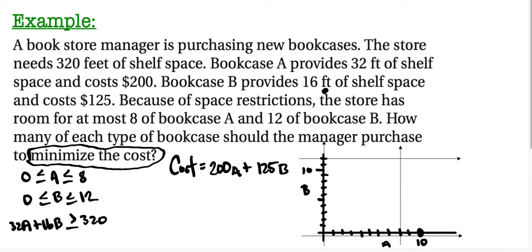Wait, where are you getting these numbers? How about I solve for B, because B is like Y. So wait, were you solving for B in your head? Yes. Okay. How about I just solve for B and write it down? So subtract 32A. I'm solving for B because B is the same thing as Y. And then I'm going to divide everything by 16.